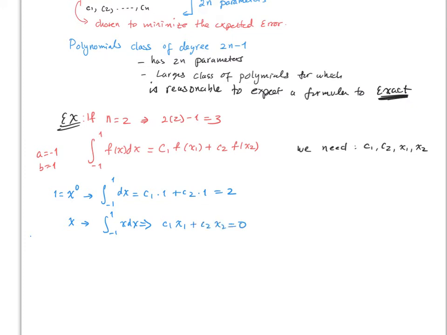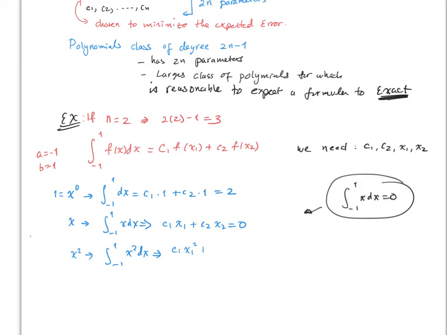Why? Because remember, the integral from minus 1 to 1 of x dx is equal to 0, so it should be obvious, but you should check it if you want to convince yourselves. Then if we do x squared, the integral from minus 1 to 1 of x squared dx, you should check that this actually gives you 2/3. So that means c1 x1 squared plus c2 x2 squared is equal to 2/3.